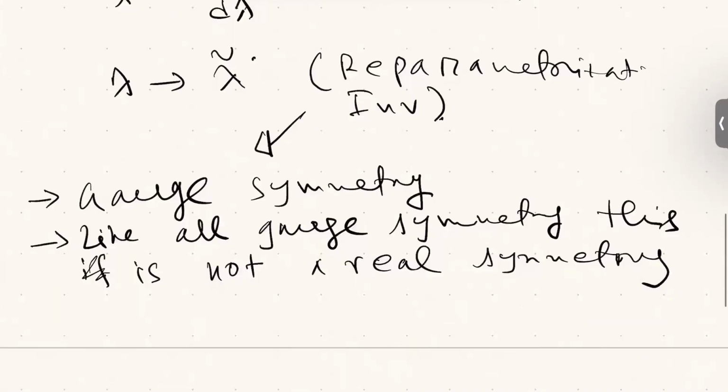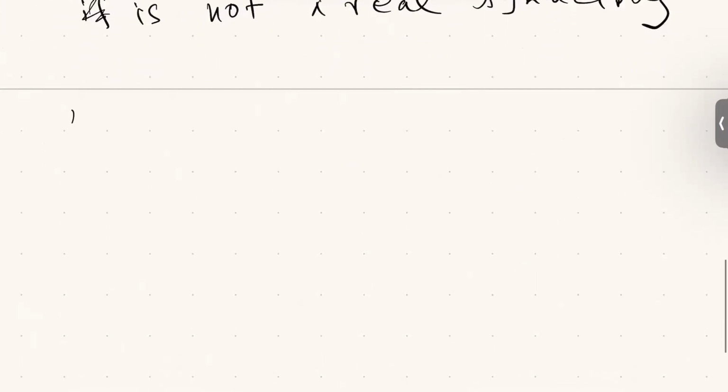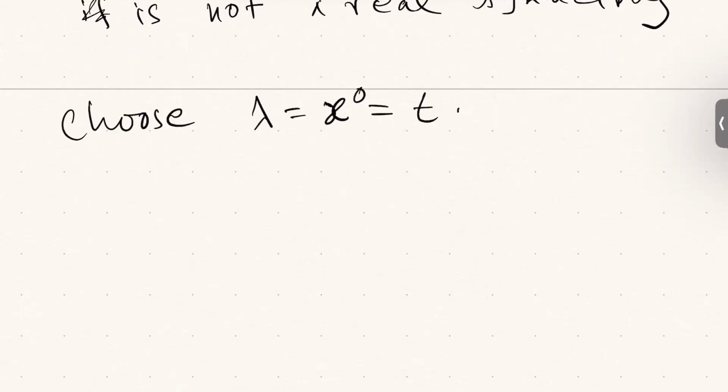For example, you can choose lambda equals x naught equals t.